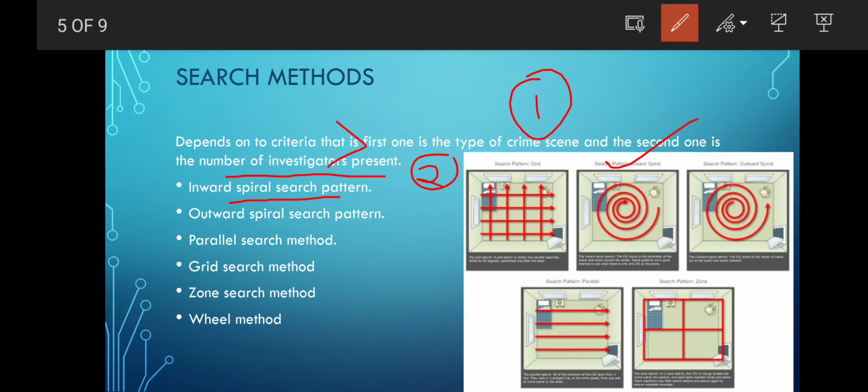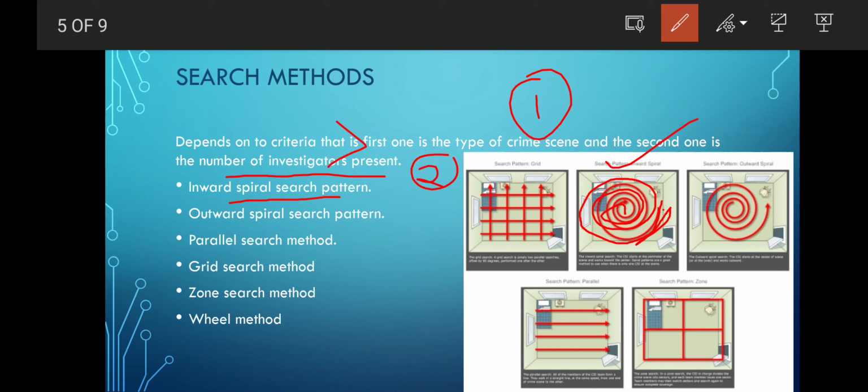It states that the crime scene investigation starts at the perimeter of the scene and works towards the center. You can see here, the person has started from here and then, taking spirals, is moving inward.